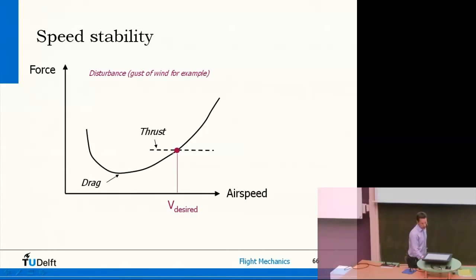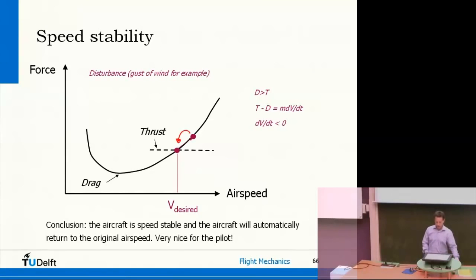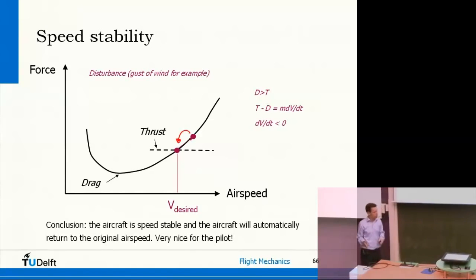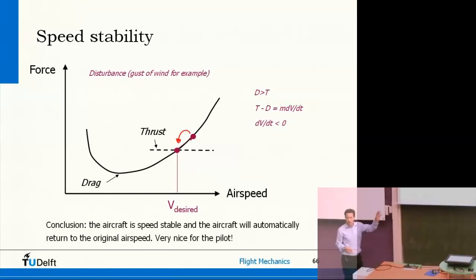So that means that if you decelerate, you actually go back to that point. So deceleration makes you go back to the desired velocity, and this means that at these higher speeds, the aircraft is actually called speed stable. So you don't have to do anything, the speed will simply remain the same.